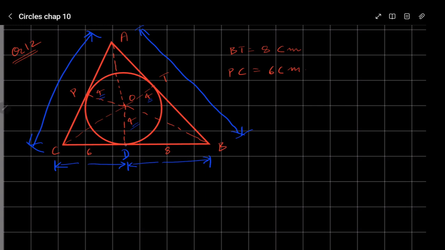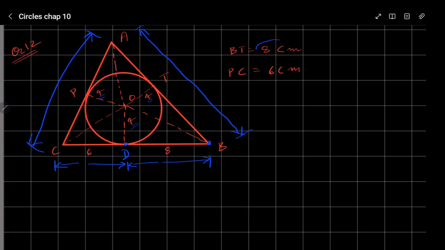First thing, from the theorem which we already read, it's obvious that B is some external point from which two tangents are drawn here. This is one tangent and this is one tangent. And what will happen? The length of the tangents will be the same. So BT will be equal to BD, isn't it?